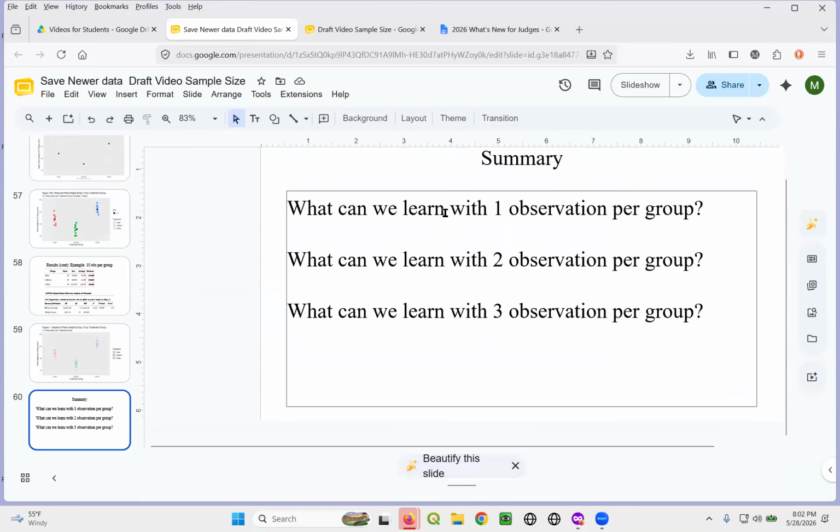What can we learn with one observation? Do you want to put a sentence here that we can't learn very much at all? I think in a summary, that would be a good thing.